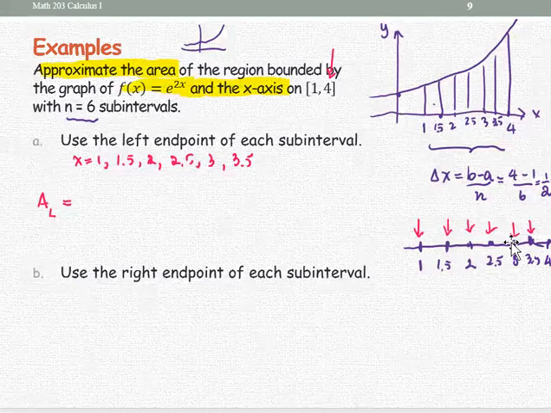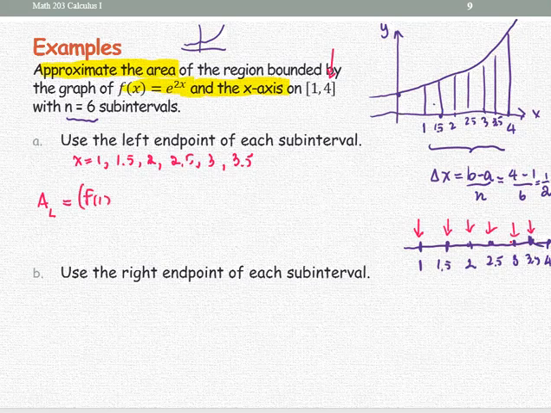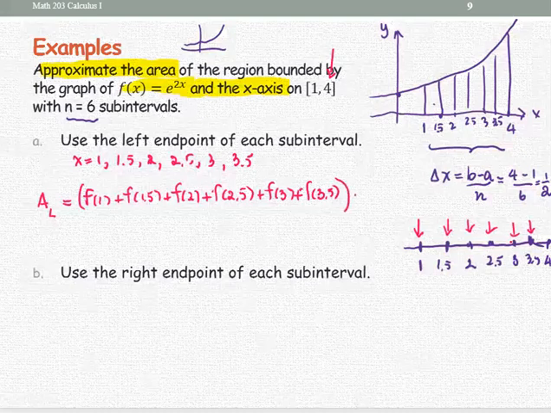The Riemann sum is the sum of the function values at all left endpoints multiplied by the width, which is delta x. I'm going to write it as the sum of the function at the first left end, the second left end, and so forth, and then multiply by the width, delta x.